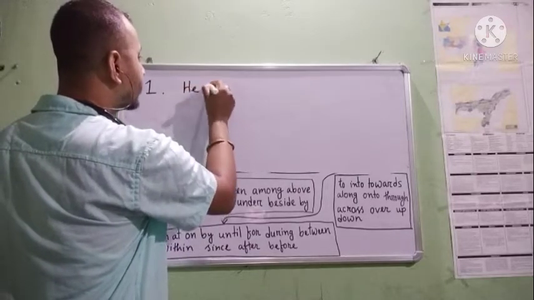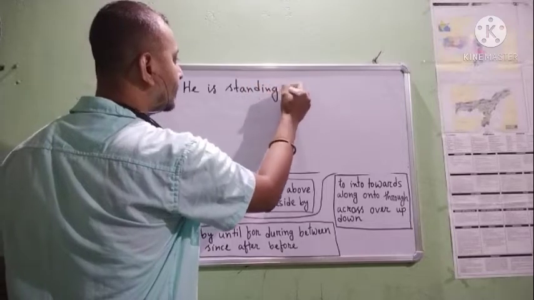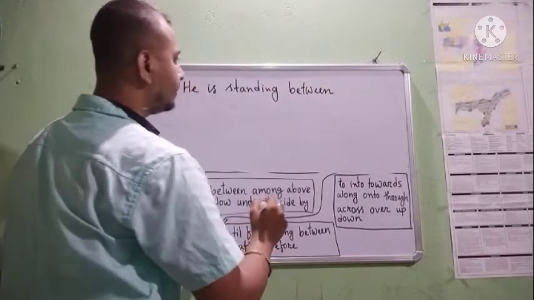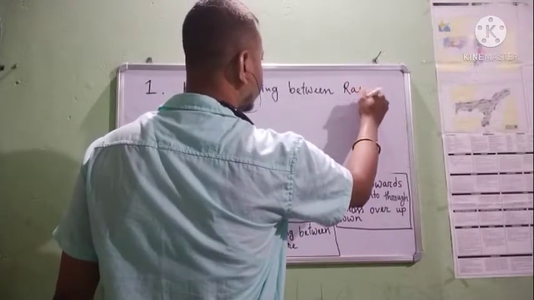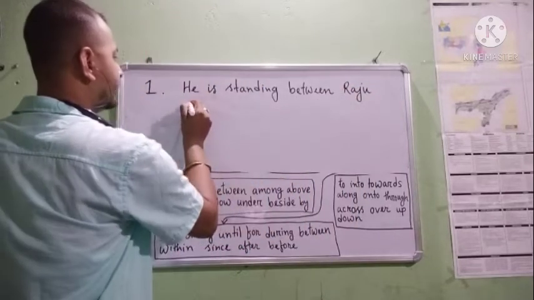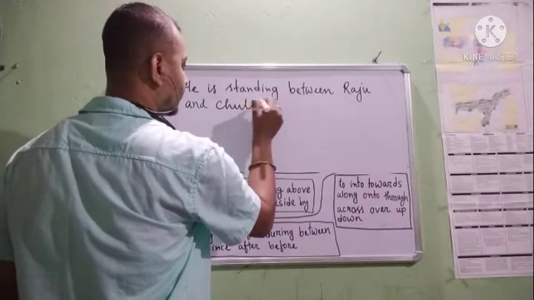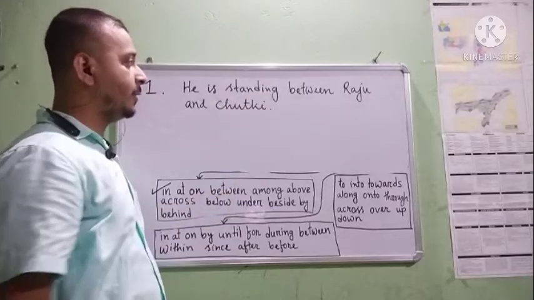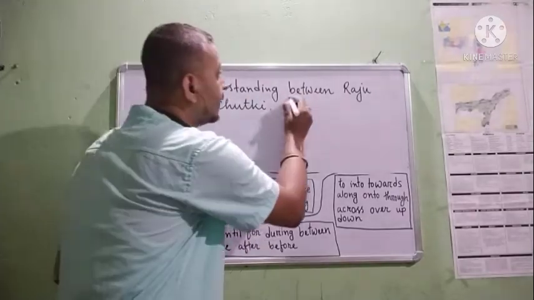He is standing between Raju and Chutki. Where is he standing? Between.